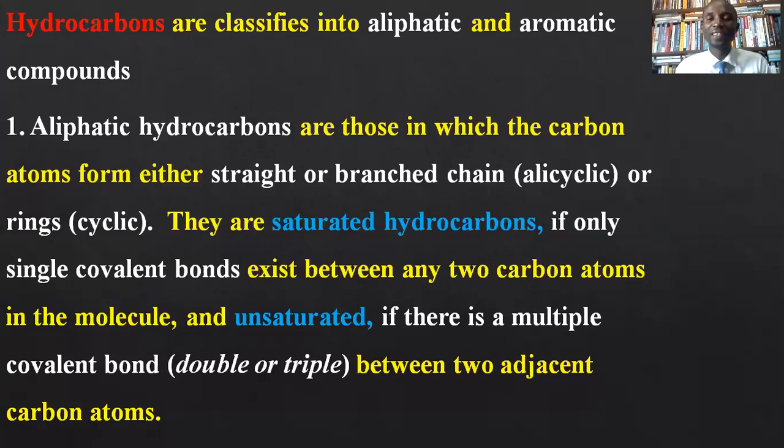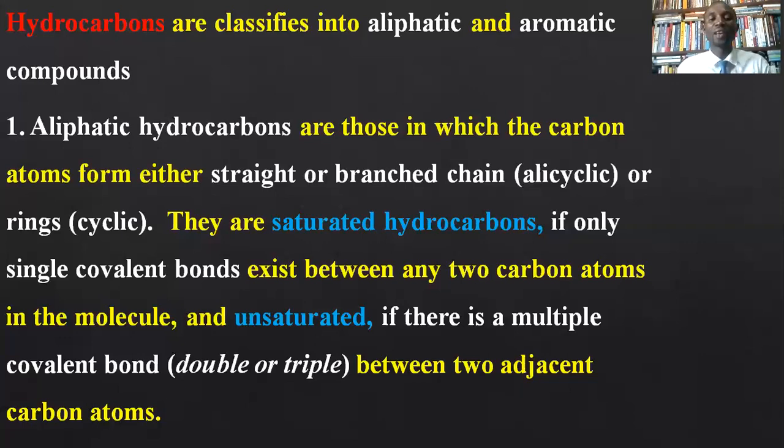Or they can also exist as a ring, which we call cyclic. While the saturated hydrocarbons are single bonded, unsaturated are double or triple bonded.